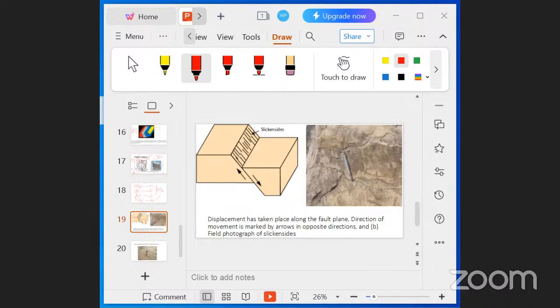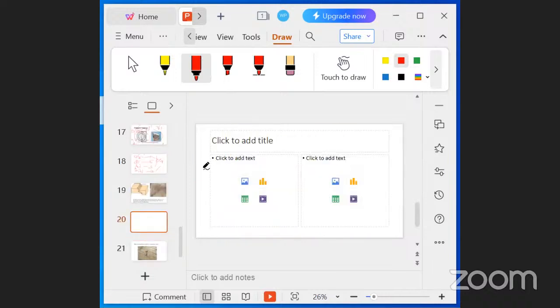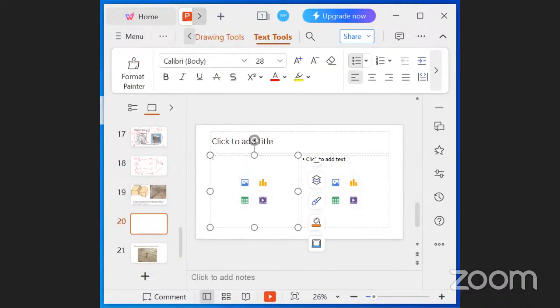The first one is to measure the strike direction.